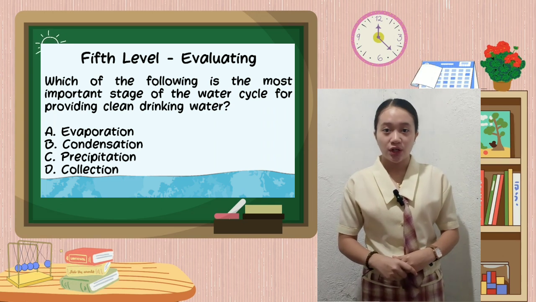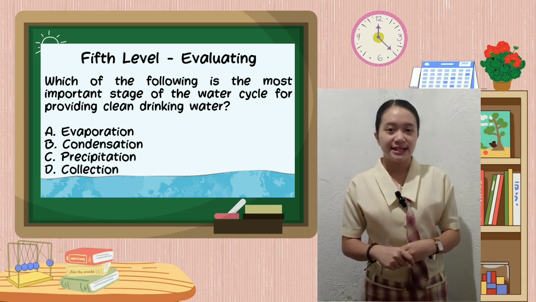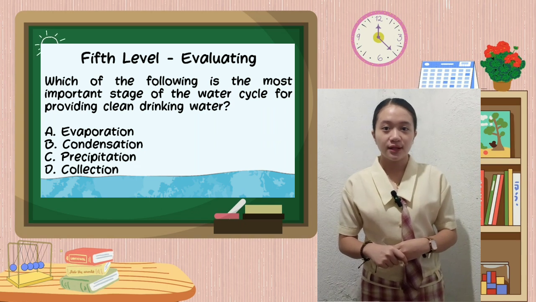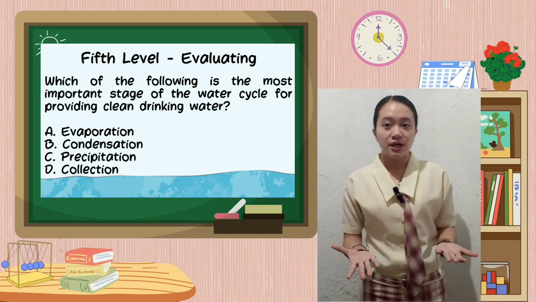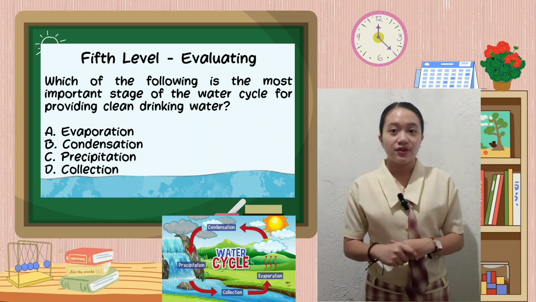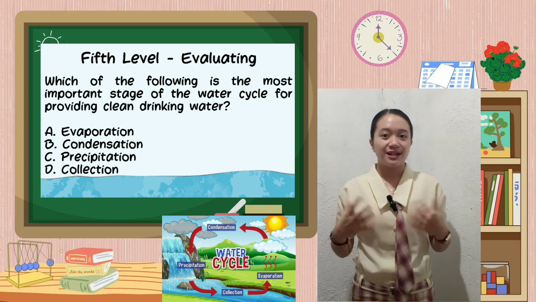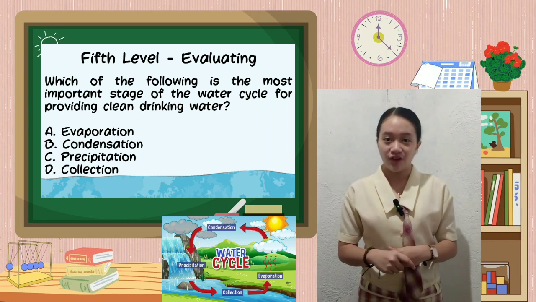A. Evaporation. B. Condensation. C. Precipitation. Or D. Collection. So this question asks students to evaluate the different stages of the water cycle based on their importance for a specific purpose, requiring them to make a judgment about the relative value.